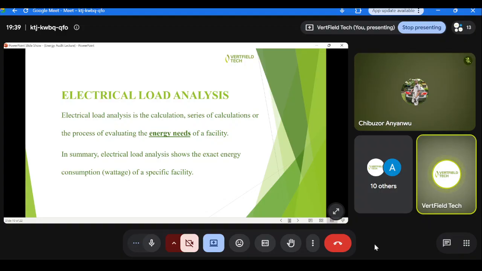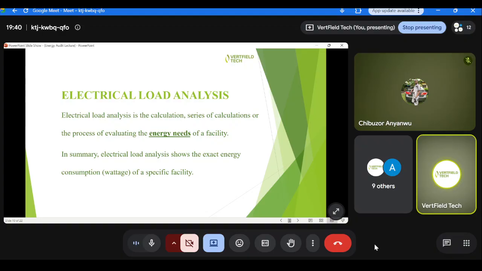So right now, we will be introducing what we call electrical load analysis. What is electrical load analysis? What is its importance? How did we come about it? What can it do for us? Electrical load analysis is a calculation, or series of calculations, or the process of evaluating the energy needs of a facility.